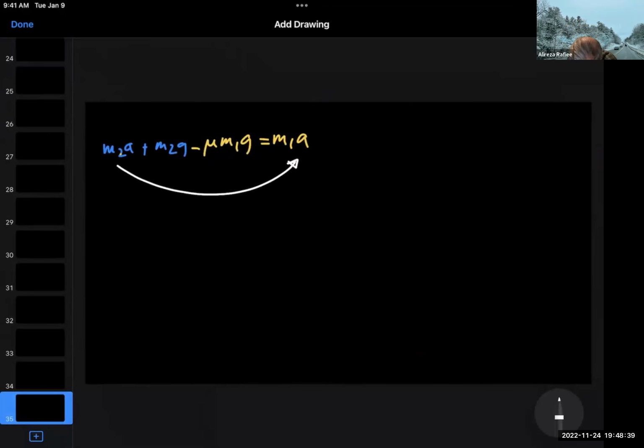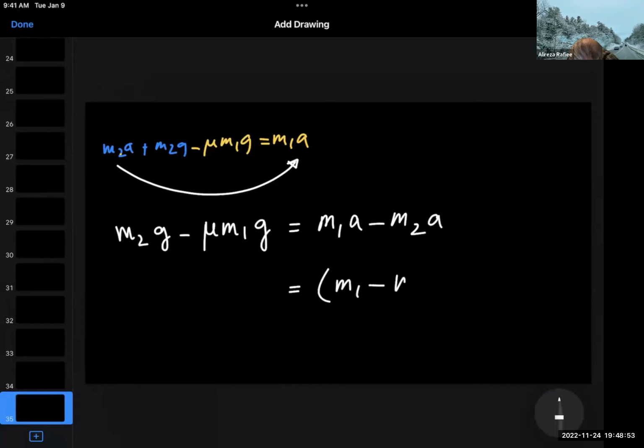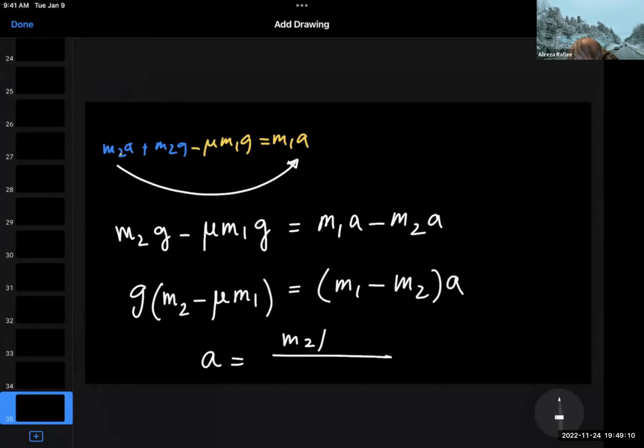I'll take this one to the other side. I end up with m2g minus mu m1g equal to m1a minus m2a. This gives me m1 minus m2 times a, and on the other side I can take a factor of g, and this becomes m2 minus mu m1. So the acceleration simply becomes m2 minus mu m1 divided by m1 minus m2, times g.